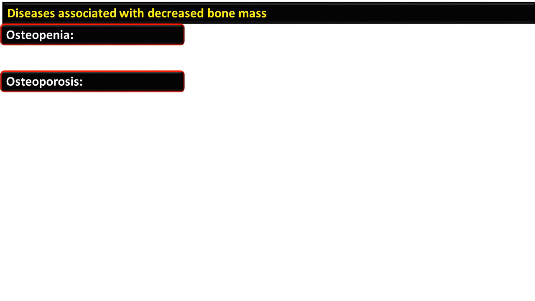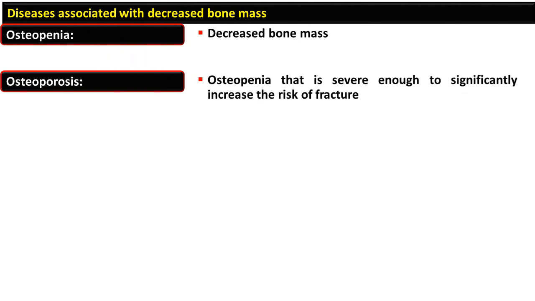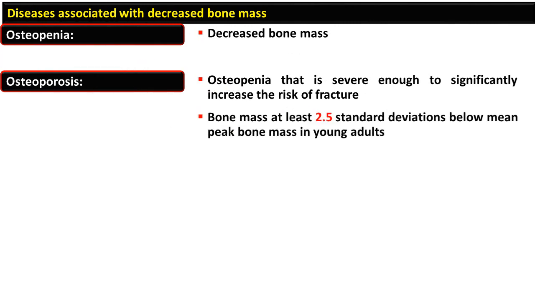So when we discuss diseases associated with decreased bone mass, there are two terms. One is osteopenia and another is osteoporosis. Osteopenia is simply decreased bone mass, while osteoporosis is osteopenia that is severe enough to cause a fracture or increase the risk of fracture.